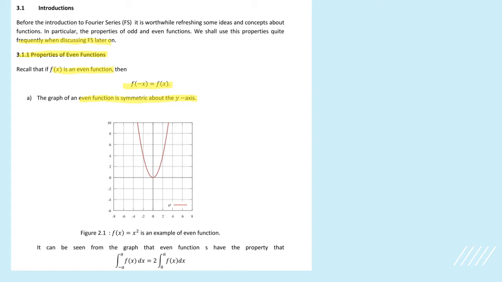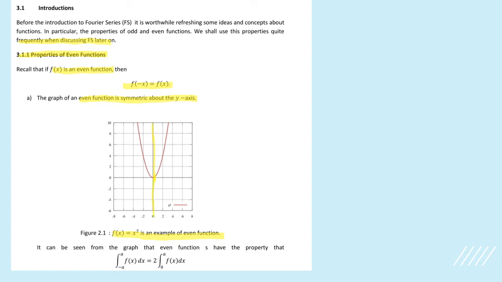You can see that f(x) equal to x squared is an example of an even function. When you plot f(x) equal to x squared, you will have a graph symmetric about the y-axis.